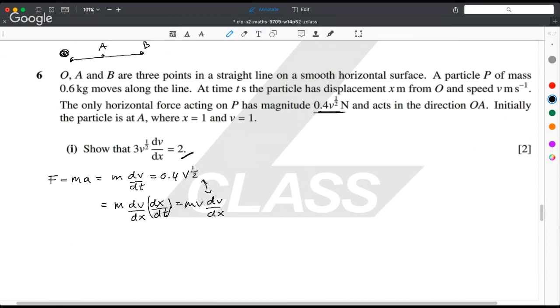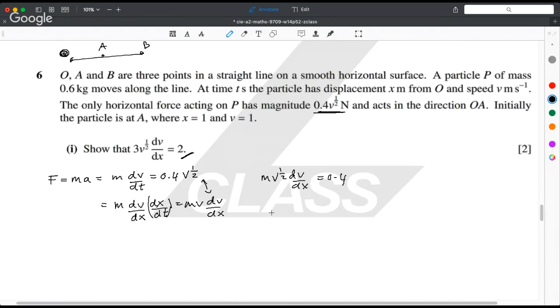So all I do is I divide this side by that one's 1/2, and I get that m v to the 1/2 dv/dx is equal to 0.4.